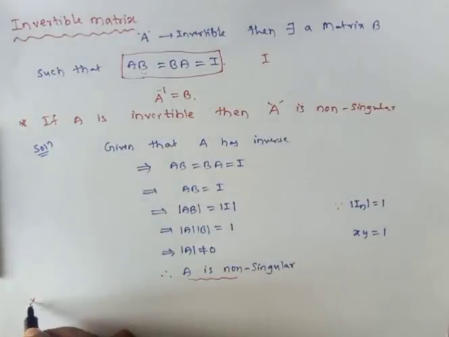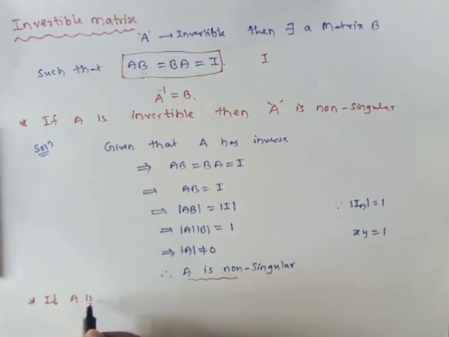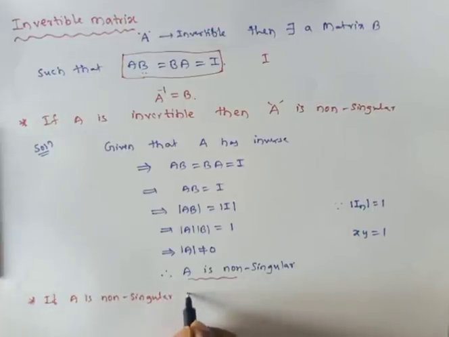And so you can note one, if A is a non-singular matrix, then inverses exist, right?